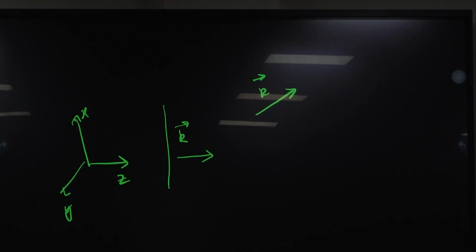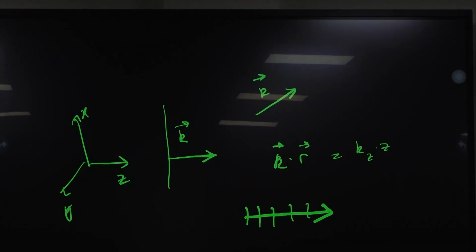If it is just along z, then k dot r is just kz times z. It's only one direction. So phase is accumulating only along this direction. What we are talking about is the accumulation of phase: in what direction is the phase accumulating?